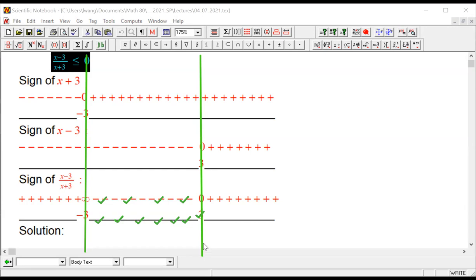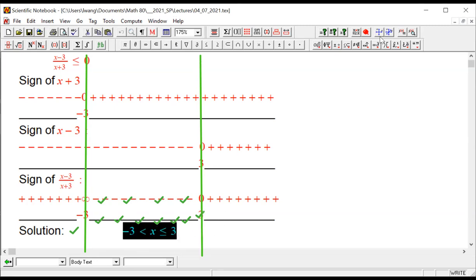So this one is a solution as well. So the final solution is what? It is larger than -3, but less than or equal to +3. The +3 must be included. So that's the final solution.